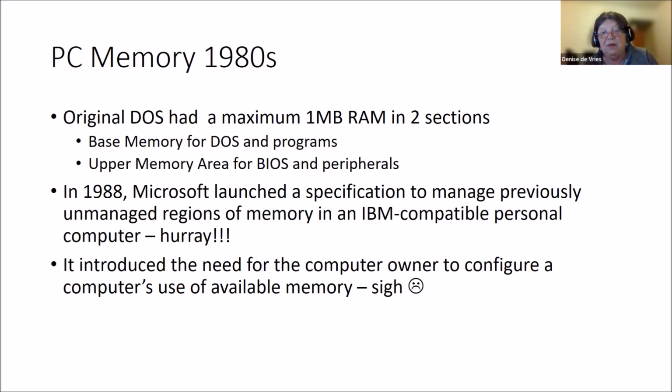The base memory was for DOS and programs, and the upper memory area was for BIOS and peripherals. Now, even though there were these two named areas, they weren't managed in any way, and so programs could actually overwrite the area of memory where another program was, or override its data and things like that. It was quite a problem.